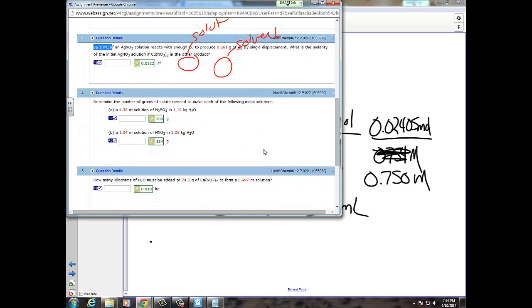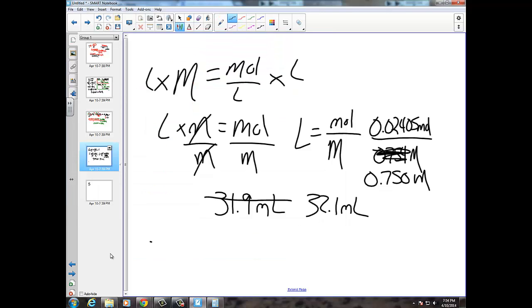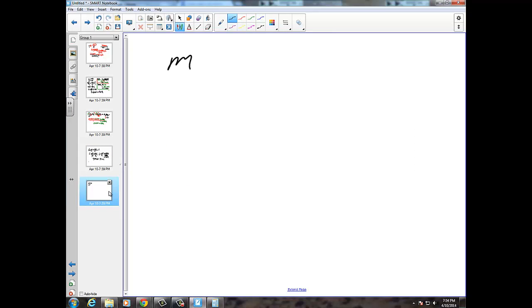Okay. Let's skip down to number 5. How many kilograms of water must be added to 74.2 grams of calcium nitrate to form a 0.497 molal solution? Now, molality, remember, is moles of solute, what you're pouring in, what's being dissolved, over kilograms of your solvent, which is going to be the liquid doing the dissolving.